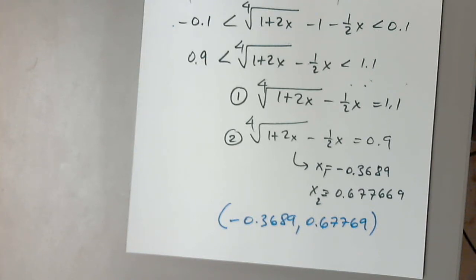So in order for the error to be within 0.1 between the actual and the estimate, we have to pick x between negative 0.3689, I'm assuming that this number is correct because I couldn't get it, I can put it in my calculator, and this number, which is 0.67769. That's where we have to pick x.